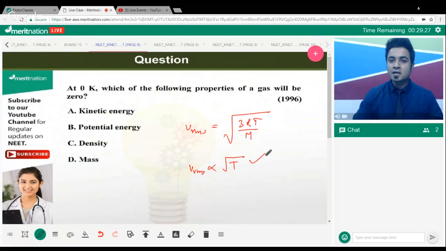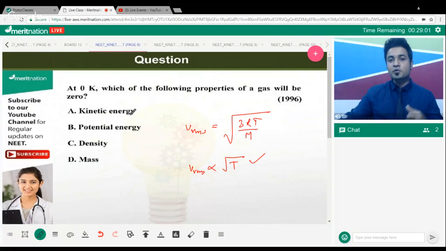So the kinetic energy associated with any gas is just because of the temperature. If you are raising the temperature, the molecules will vibrate more rigorously, and kinetic energy is just because of the temperature. If you are heating up a gas, that gas will have more kinetic energy.